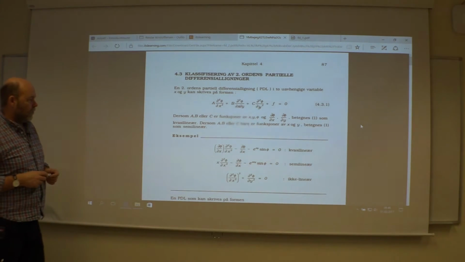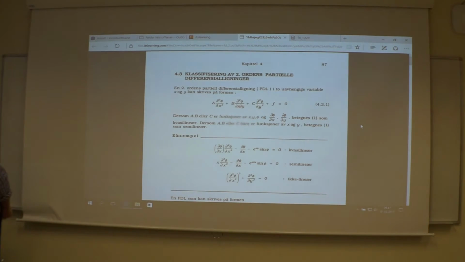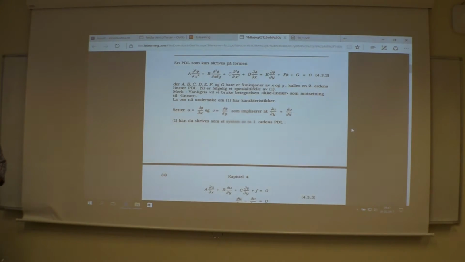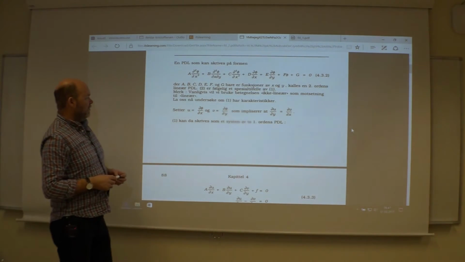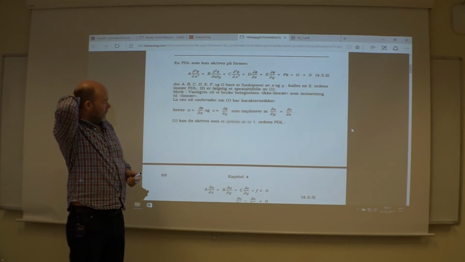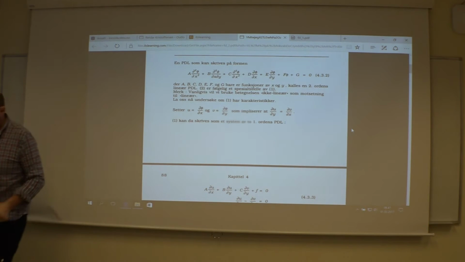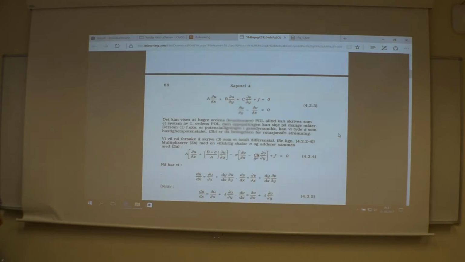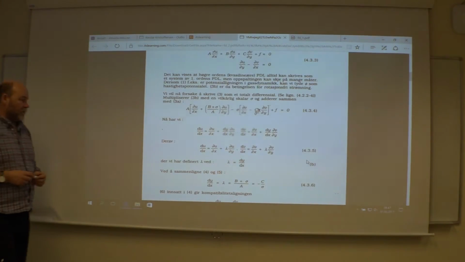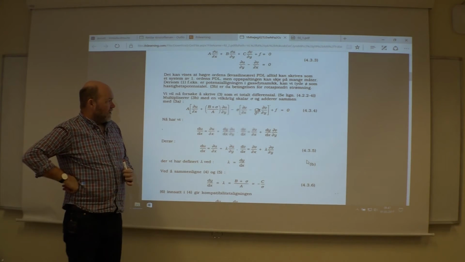But now, how to classify an equation? Then we are using the characteristics. So you sort of rewrite your equation as a system of first order equations, and looking at the different characteristics and how they look.